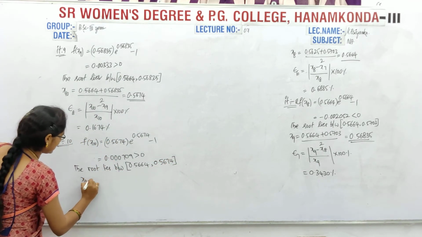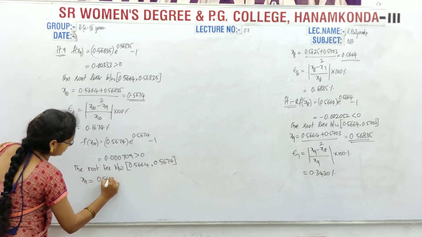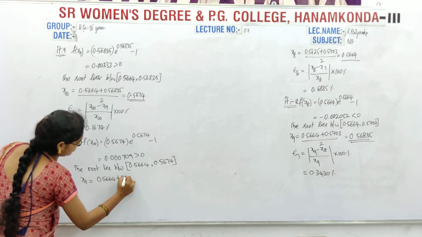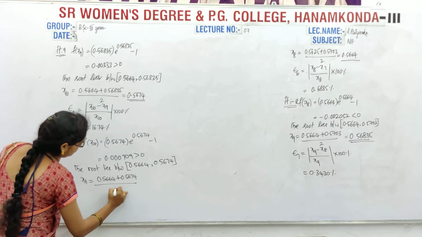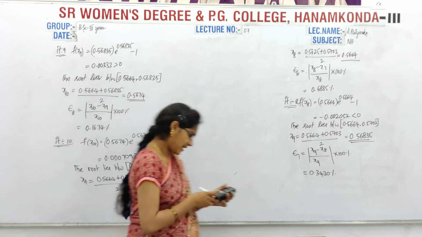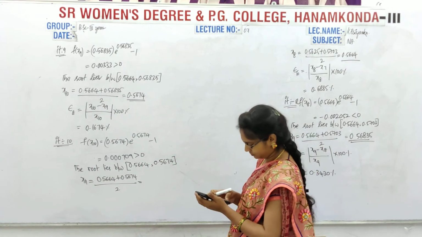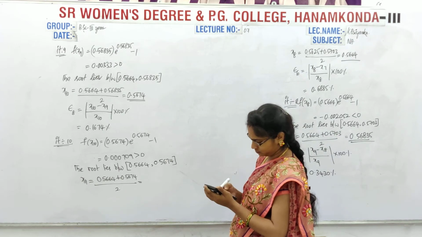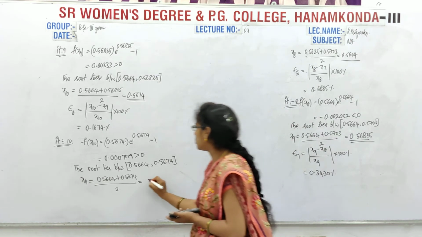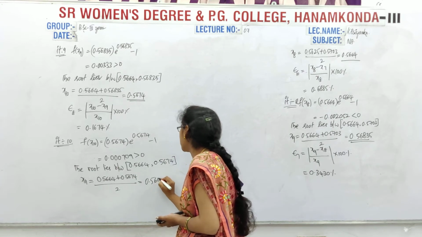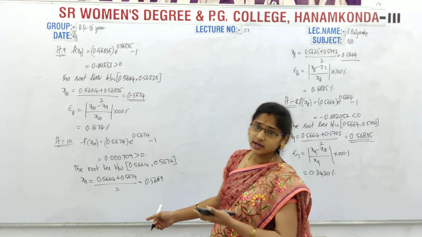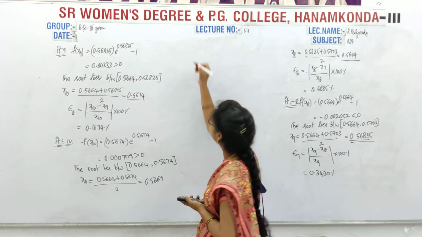Now what we have to calculate? X11. Now what is the value of X11? 0.5669. Somewhat near, of course, very near value here.